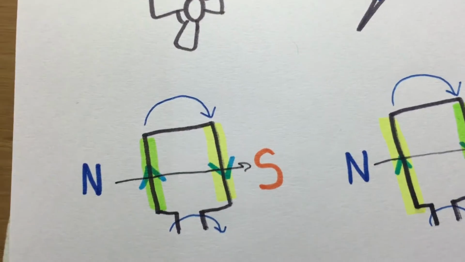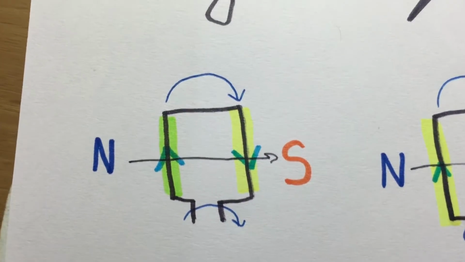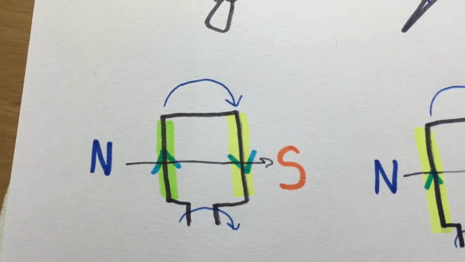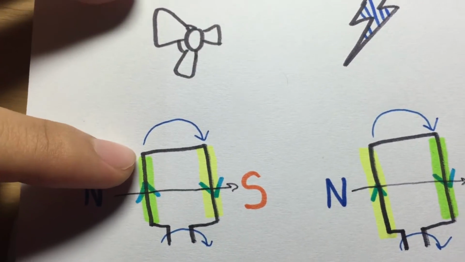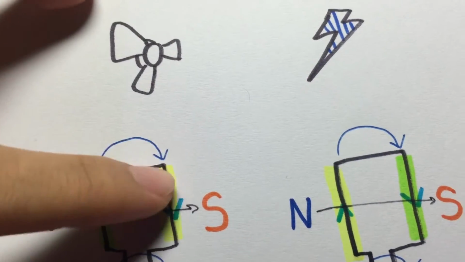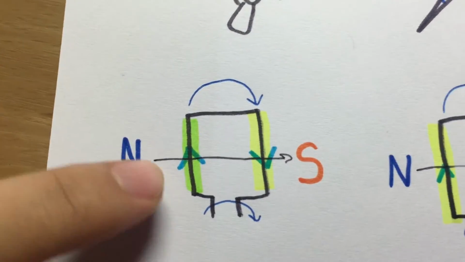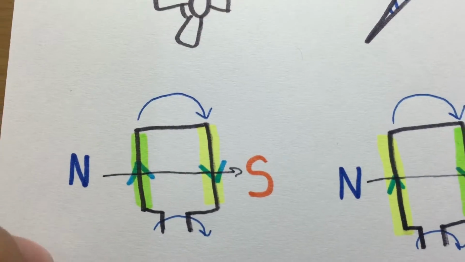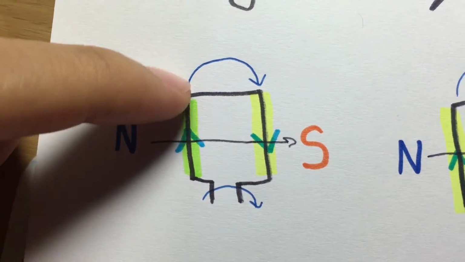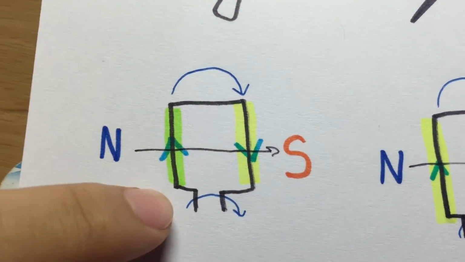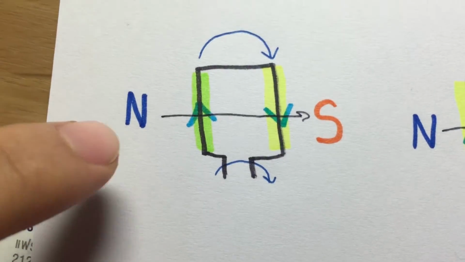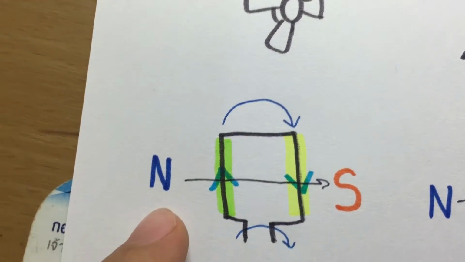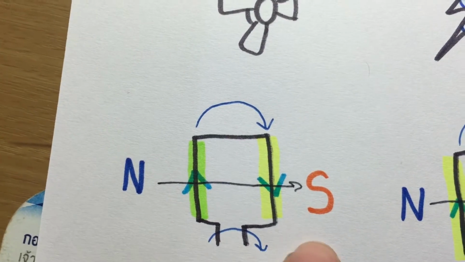So for electricity to occur, we have to put motion on this coil. So we have to make this coil turn this way. If we turn it this way, the electricity will flow this way and out this way. And this is because of the magnetic field, the lines that travel from North Pole to South Pole.